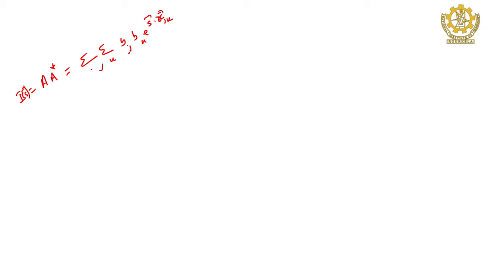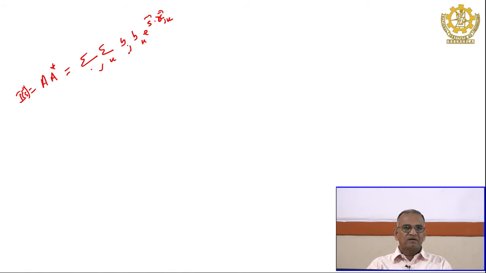Understand the meaning of the suffix. A star is the conjugate of A. Conjugate means if it is minus i, it becomes plus i. So accordingly, minus i squared will be i into i.